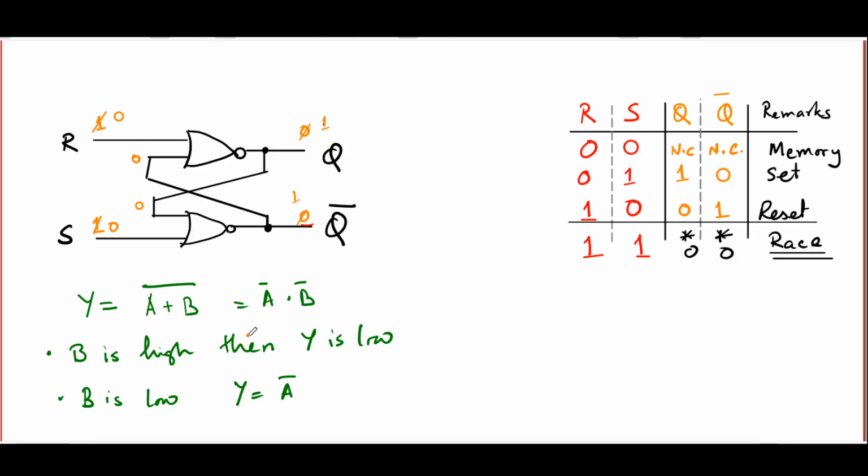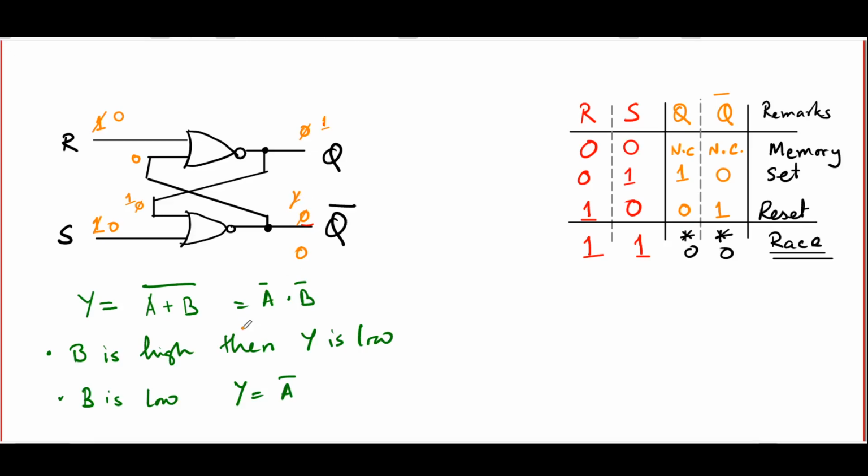However, that is not possible, because if for some reason Q goes to 1 before Q bar goes to 1, then the input to the lower NOR gate would become 0 from S and 1 from the Q feeding back, and hence the output will stay 0.